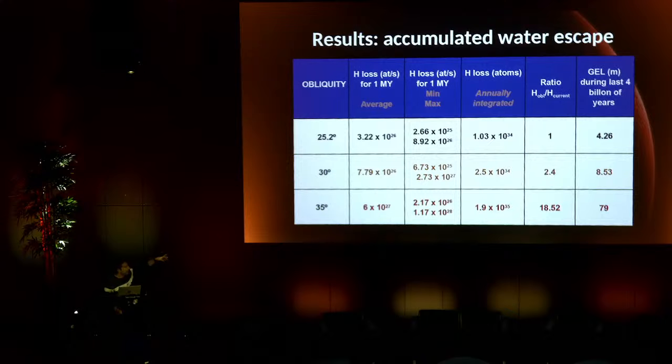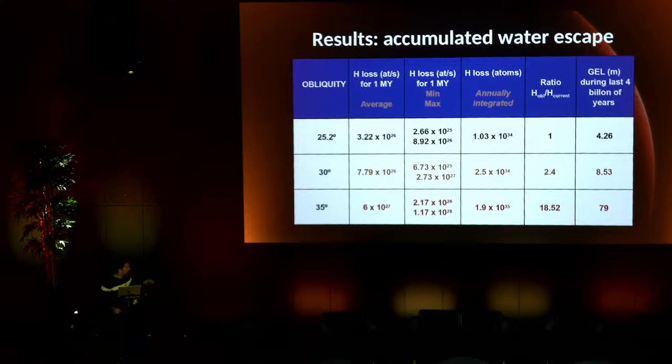If we multiply this annually integrated value by, let's say, 4 billion years, we find that with the current obliquity only about 4 meters of a global equivalent layer of water can escape, but if we go to an obliquity of 35 degrees, then up to 80 meters of a global equivalent layer of water can escape.